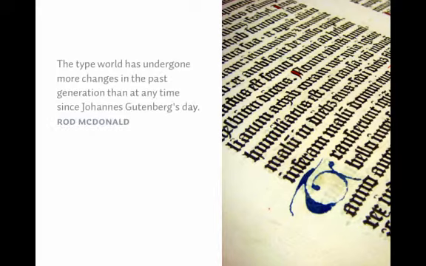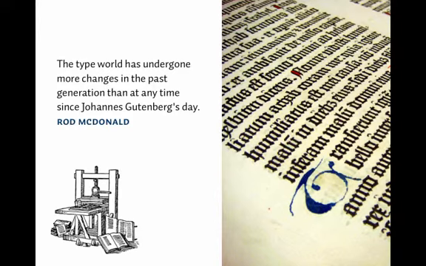In his column in Applied Arts magazine, Canadian graphic designer, calligrapher, and type designer Rod MacDonald references the immense changes in technology that have occurred over the last 25 years. MacDonald states that the type world has undergone more changes in the past generation than at any time since Johannes Gutenberg's day. For hundreds of years, Gutenberg's movable type remained the method for printing and communication.